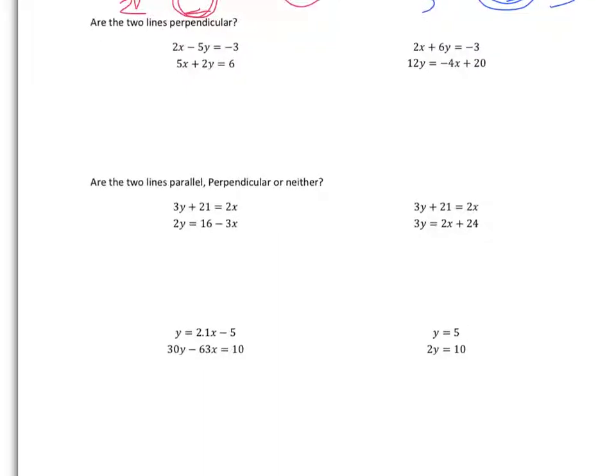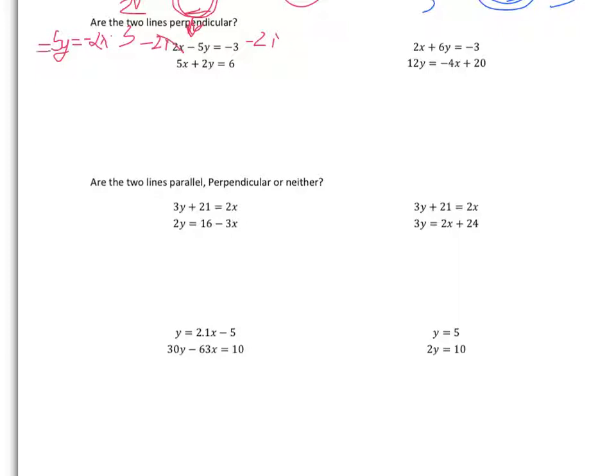Looking at this next set, we want to determine whether they're perpendicular. Same thing, we need to know what the slope is here. So what we're going to do is solve each of these equations for y. Looking at the top one, if I want to solve that for y, I am going to get rid of the 2x. So subtract 2x from both sides. These cancel. So we have -5y equals -2x minus 3.